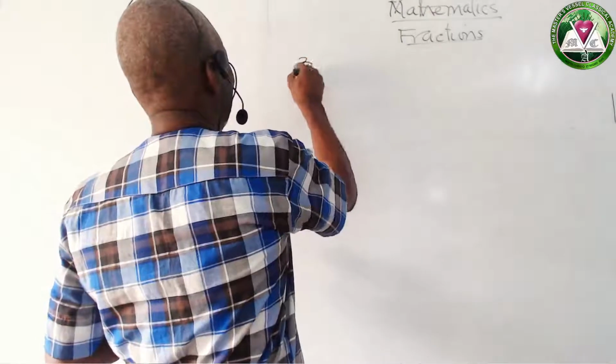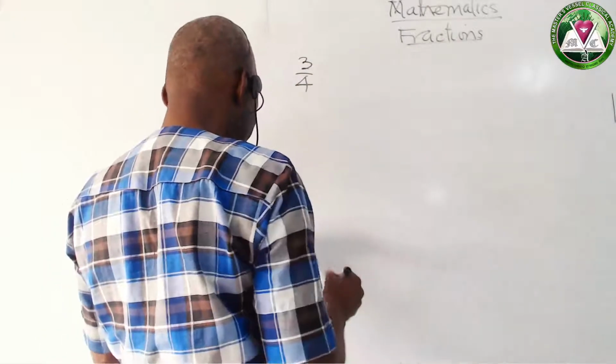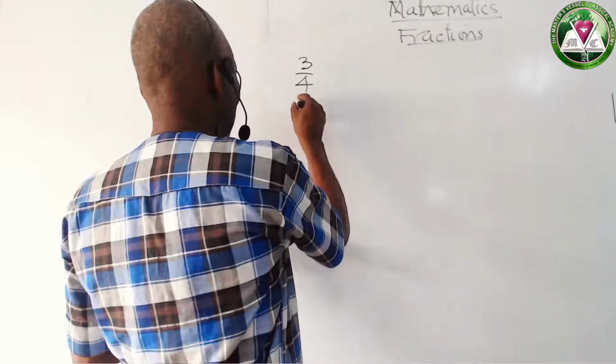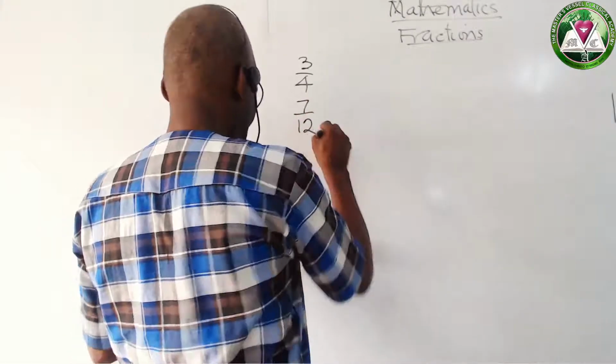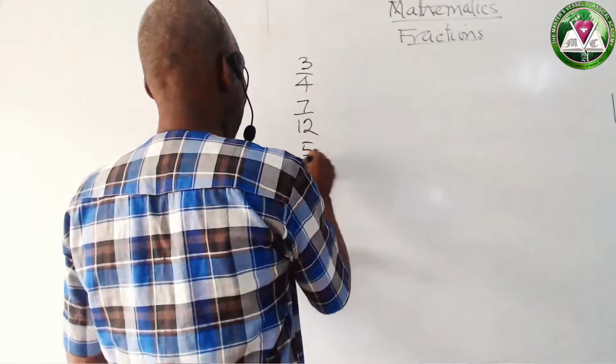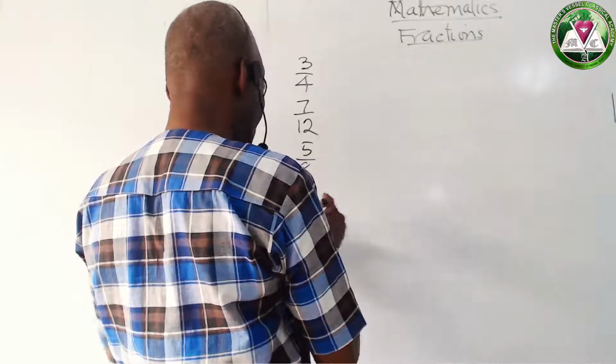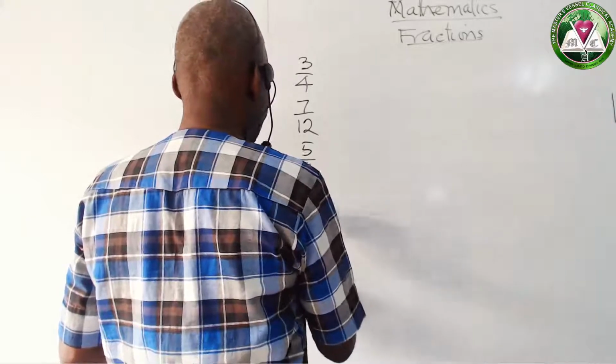Now, let us take the following. I say 3 over 4 is given to me, and 7 over 12 is given to me, and 5 over 8 is also given. Let us see, 2 over 3 also given.